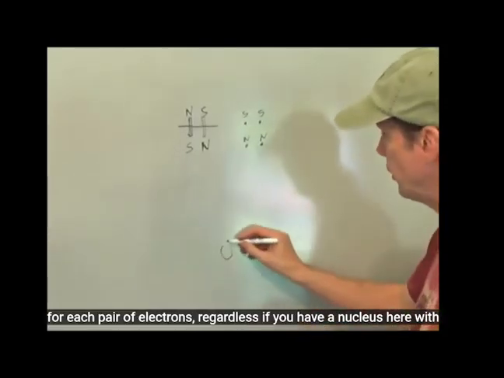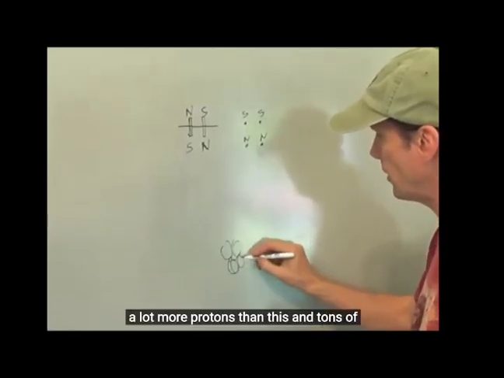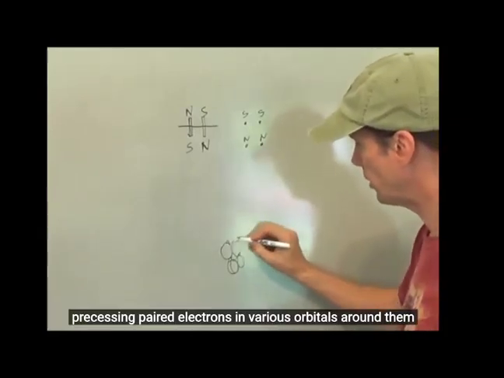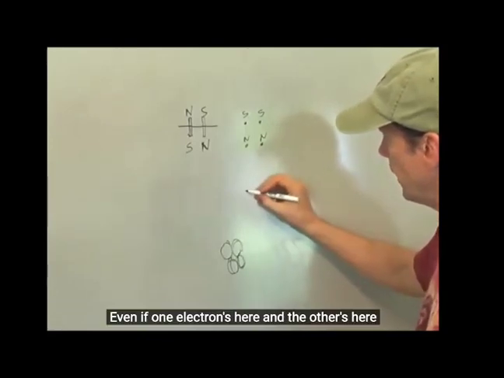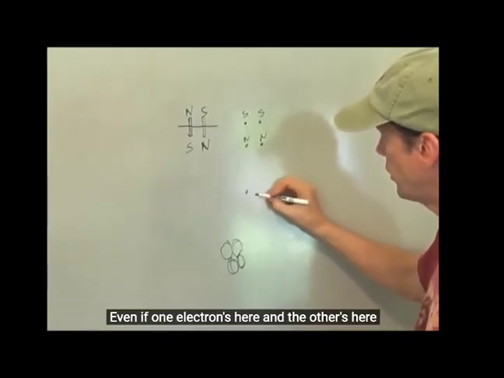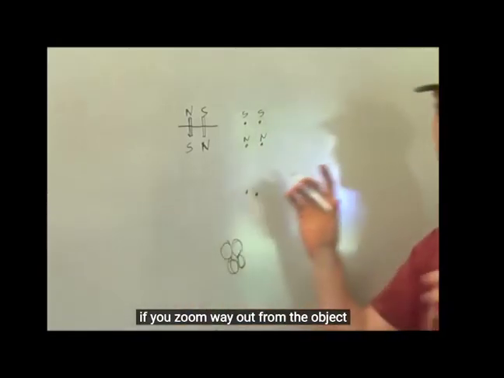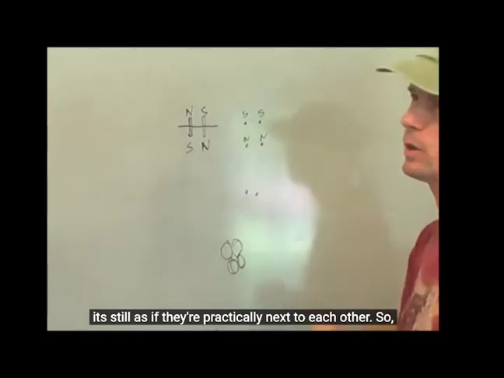Regardless, if you have a nucleus here with a lot more protons than this and tons of precessing paired electrons in various orbitals around them, even if one electron's here and the other's here, or one's here and one's here, if you zoom way out from the object, it's still as if they're practically next to each other.